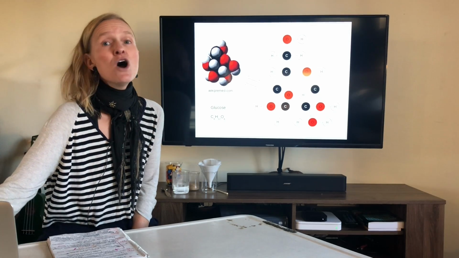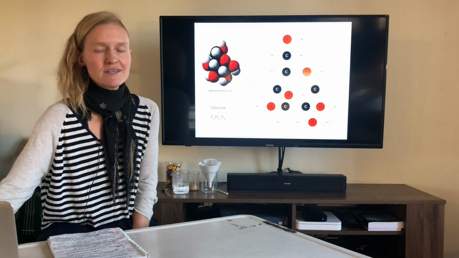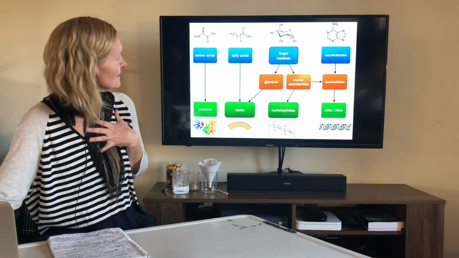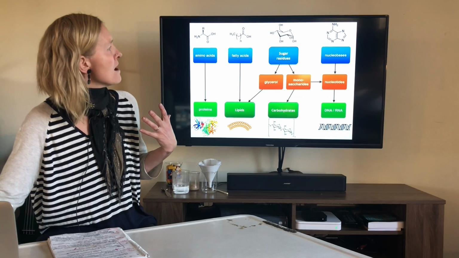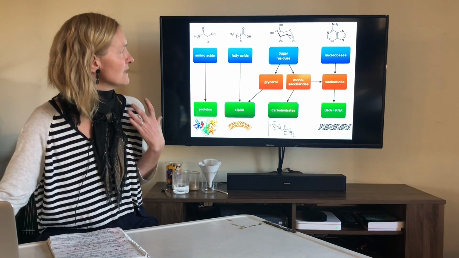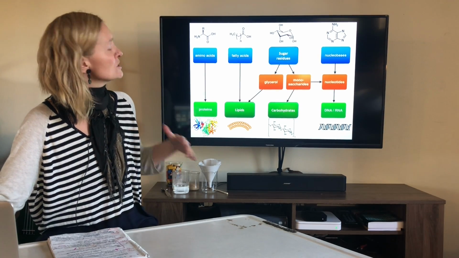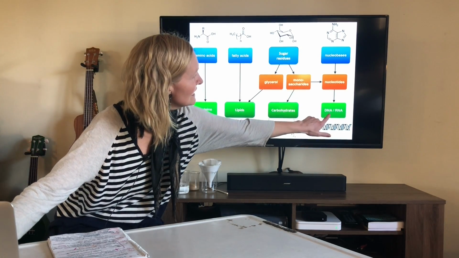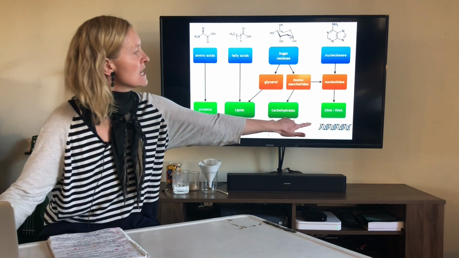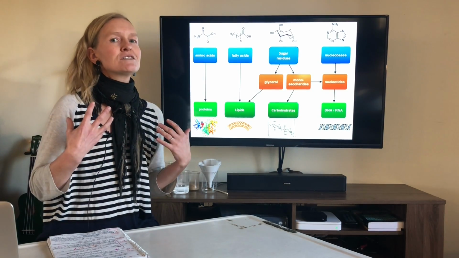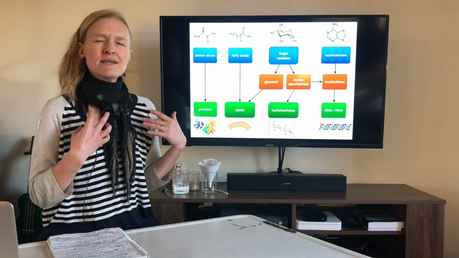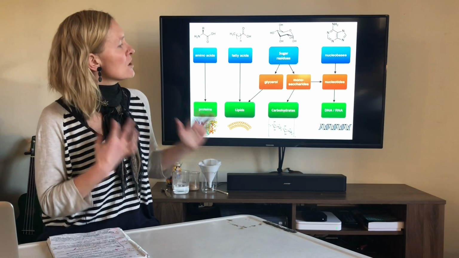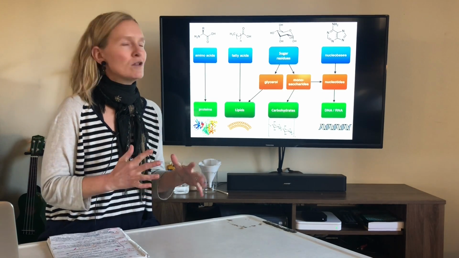Now I said we could have even bigger molecules than glucose. In fact, our bodies are made up of very complex molecules called macromolecules. And if you look over here, DNA and RNA, which is basically the blueprint for who we are as a biological organism, DNA and RNA are both examples of macromolecules.